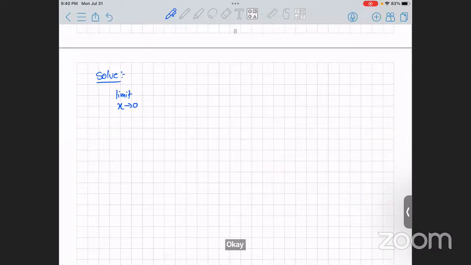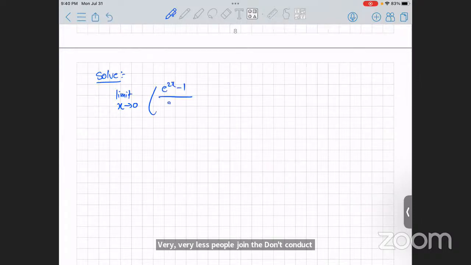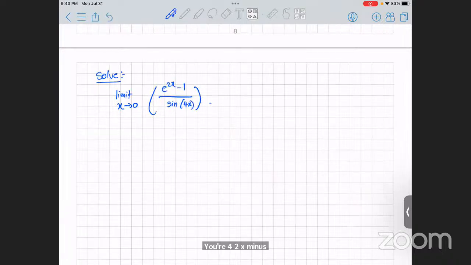Limit x tends to 0, e power 2x minus 1 divided by sine 4x. Find the answer. It is 1 by 2.